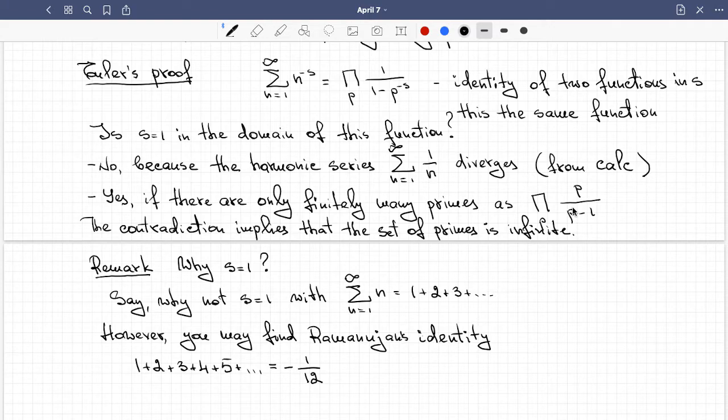Taking s equals 1, we pay a price. We get not the most pleasant series to analyze, but we avoid this strange discussion with the crazy Ramanujan identity. What can that mean whatsoever, if at all?